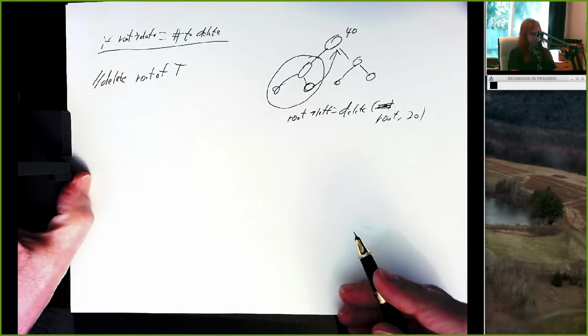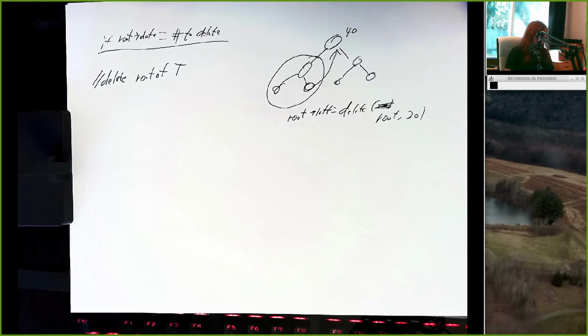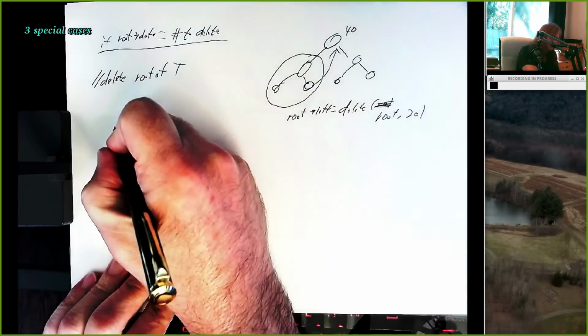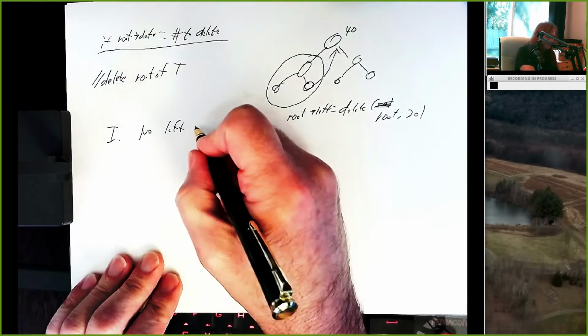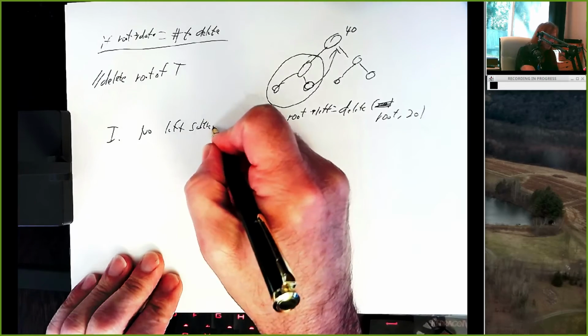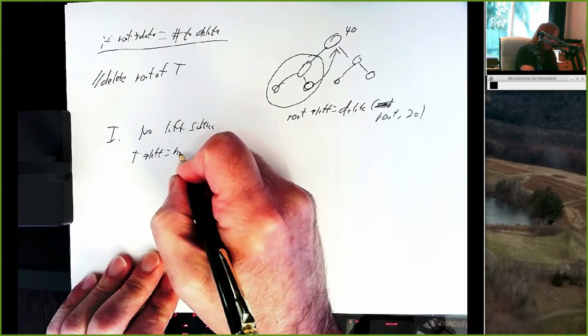And there's three special cases. So case 1, there is no left subtree. In other words, t left equals null.